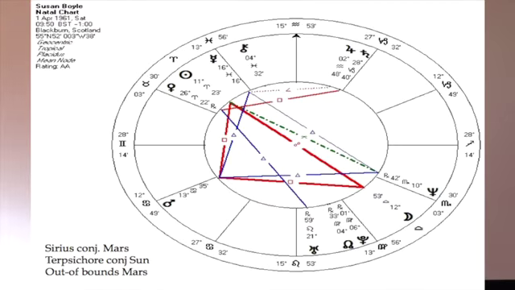Now, the other major aspect to look at in the chart is that she has Venus square Jupiter, Saturn. And when she won the competition, she said that she had never been kissed in a romantic sense. So she'd never had any kind of romantic life. She did have a boyfriend briefly, but her father was a little bit worried about this and put paid to it, shall we say.